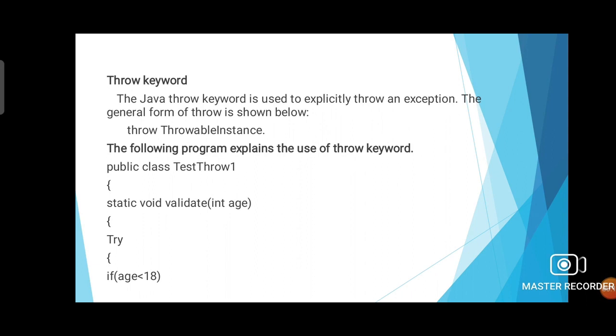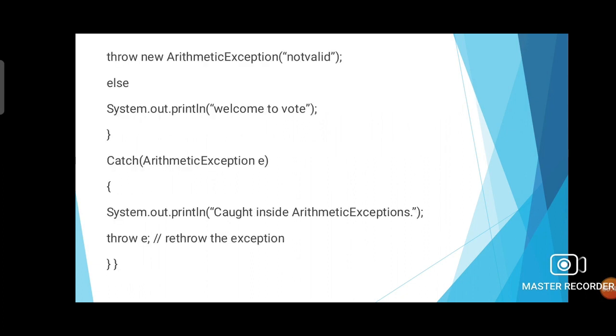The throw keyword is used to explicitly throw an exception. Throw will be used in the form of a throwable instance. For example, in our program we have a method validate under one class. We are going to validate the age. If the age is less than 18, we will consider this as not valid, else we will say welcome to vote.